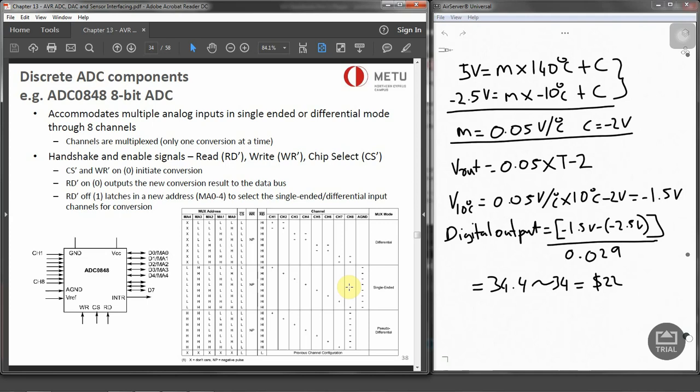There are various types of ADCs on the market, but one of the most used and most similar to the AVR's ADC structure is the ADC0848, which is an 8-bit analog to digital converter, and its channels are multiplexed. It can have multiple analog inputs, in single-ended or differential modes. And it has write, chip select, and read modes that we generally have with other types of discrete components. You can find more details about it on the datasheet.